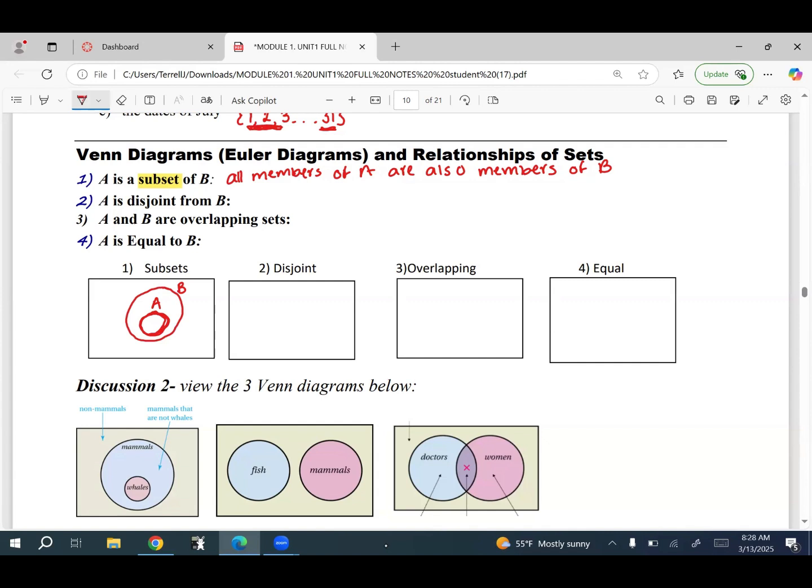A is disjoint from B. So with disjoint, it means the two sets don't have any members in common. They are essentially separate from each other. So I'll write here, two sets have no members in common.